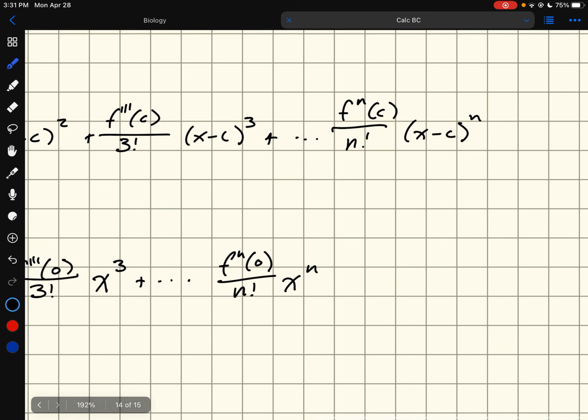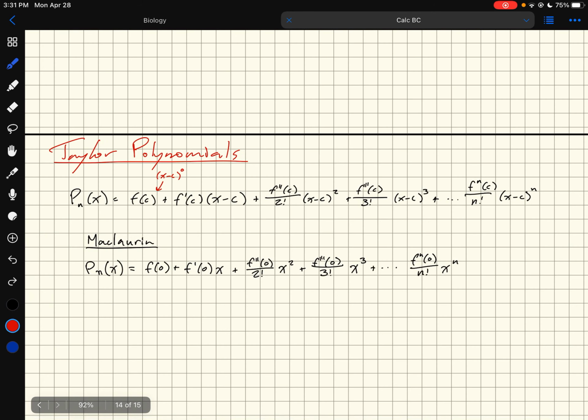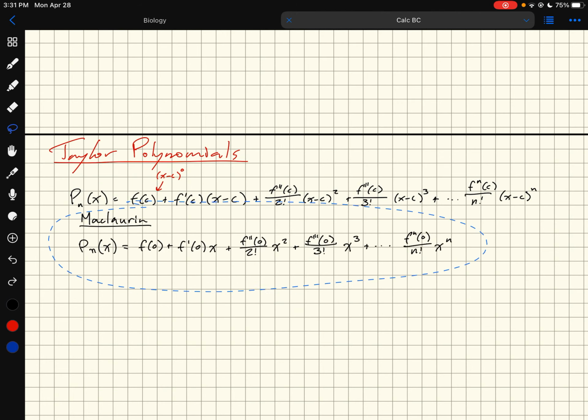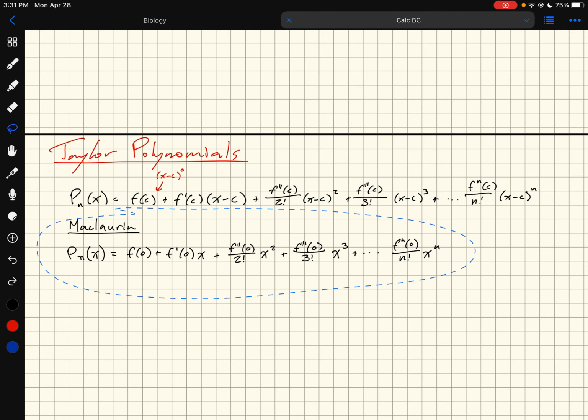So the only difference is the number you plug in is a 0 compared to c, and this part just doesn't have that c there because c is 0. So that's what a Maclaurin polynomial is.